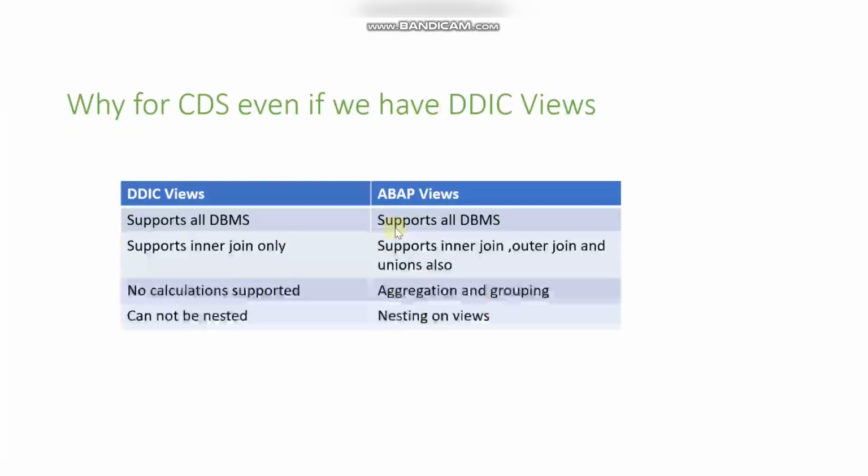DDIC views are supported in all database management systems, which is fine, but we cannot do outer joins and unions in DDIC views, we cannot do aggregations, grouping or calculations, and we cannot nest DDIC views. That means we cannot use one view in another view. But with ABAP CDS views, we can do nesting.